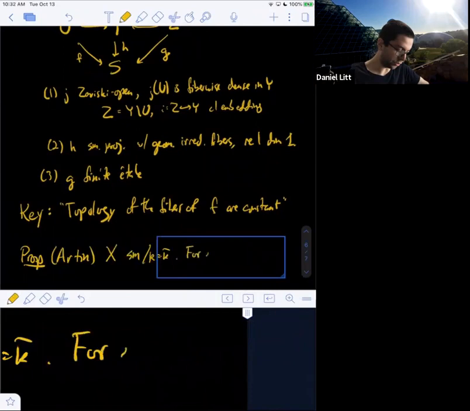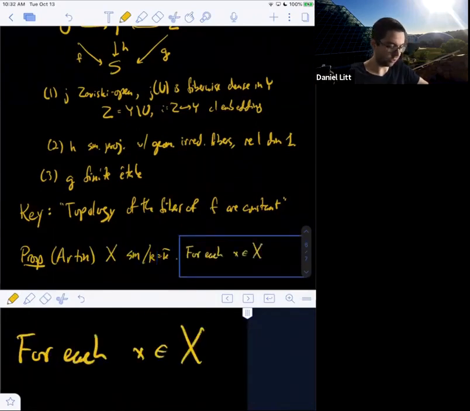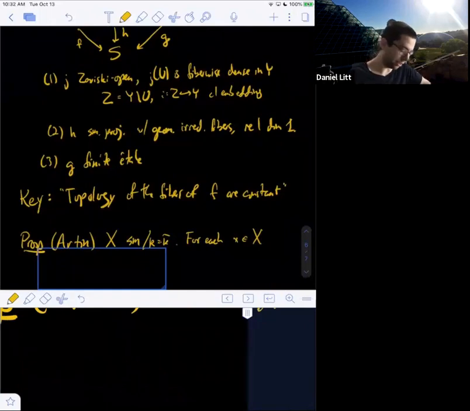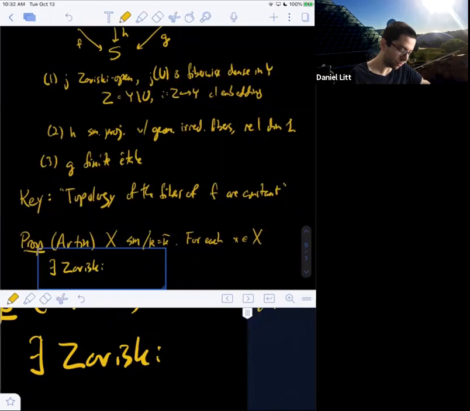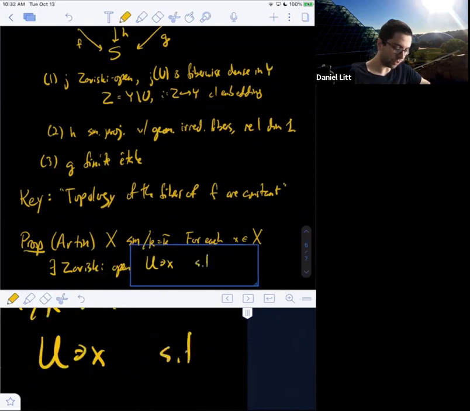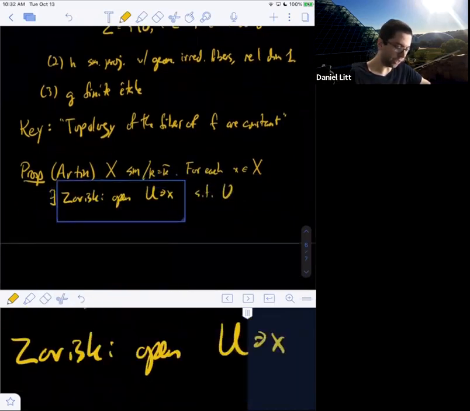Then for each point in X, and you can take whatever kind of point you want, it doesn't have to be a closed point, but it'll be enough to prove it for closed points, there exists a Zariski open U containing X such that U fits into an elementary fibration.